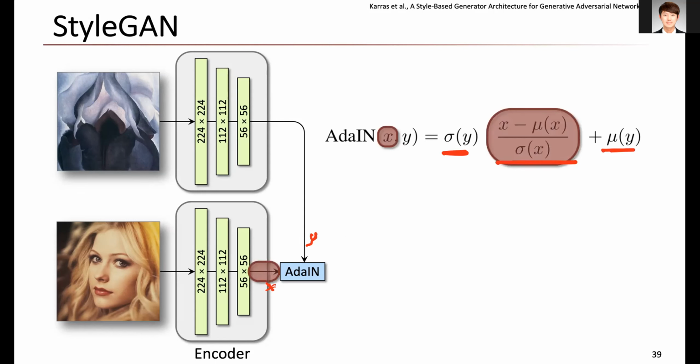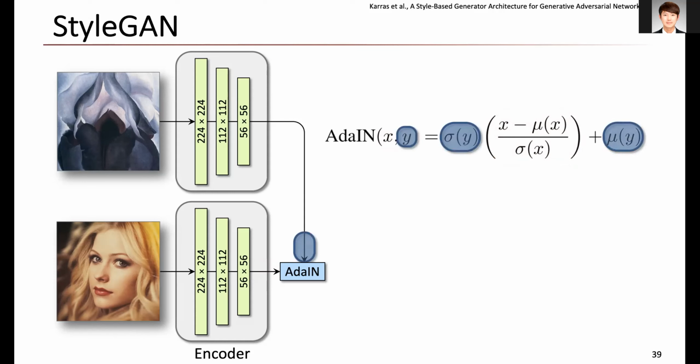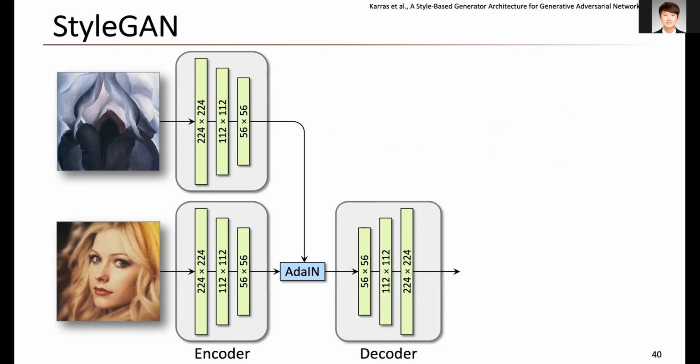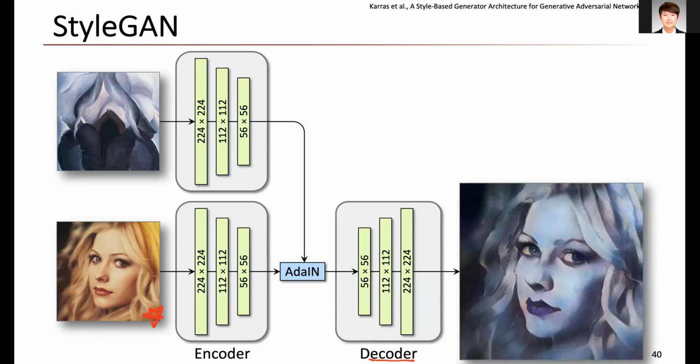So x is here, y is here, like this. By using this, while preserving the structure of the x feature vector, we can move to the style of the y feature distribution. Then by just using the image decoder, we can decode these kinds of images. Looks like this. So this is the AdaIN module, the AdaIN normalization layer.